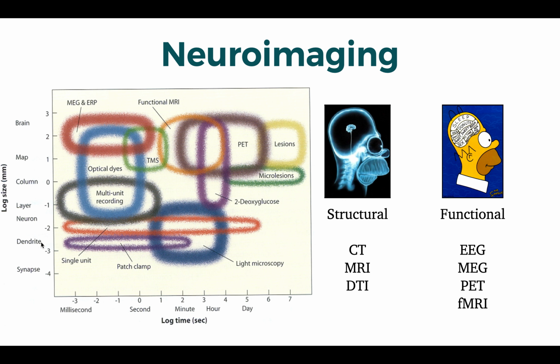You're getting down to neurons, dendrites, and even possibly the synapse. Versus lesion studies: temporally, no, and spatially, you're really only going to get at the whole brain level. Micro lesions, a newer methodology, can get a little finer on the spatial scale.